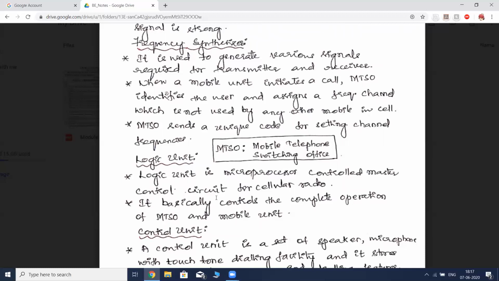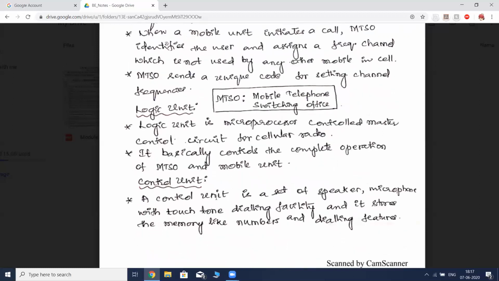This frequency channel will not be used by any other mobile user in the entire cell. It will send a unique code for setting these channel frequencies. The logic unit is a microprocessor that is going to control the whole thing for the cellular radio.